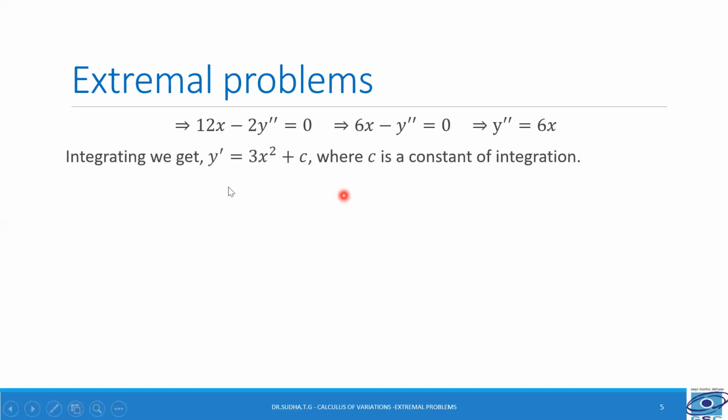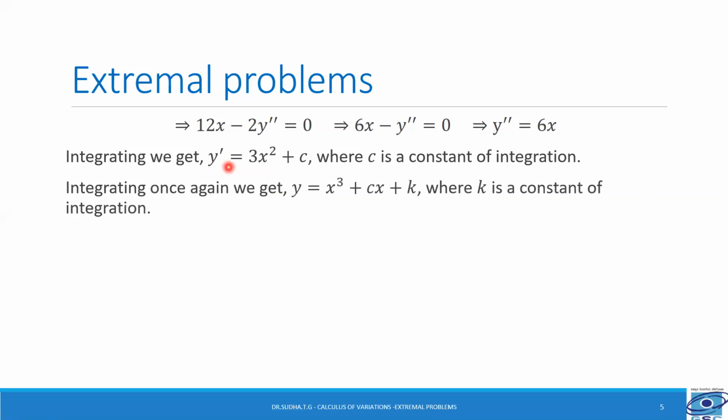So when we integrate once, we get y' on the left hand side. 6x becomes 6 into x^2/2. So 2 and 6 get cancelled and you get 3x^2 + c, where c is a constant of integration. Now once again you integrate this. So y' becomes y and 3 into x^2 becomes 3 into x^3/3.